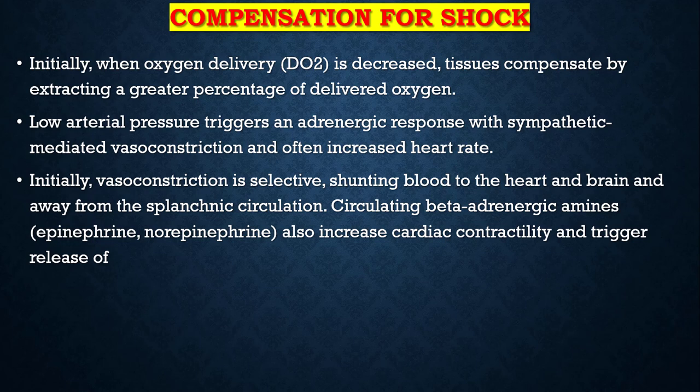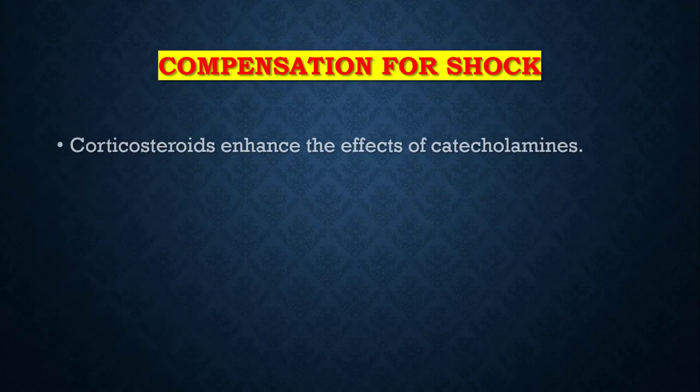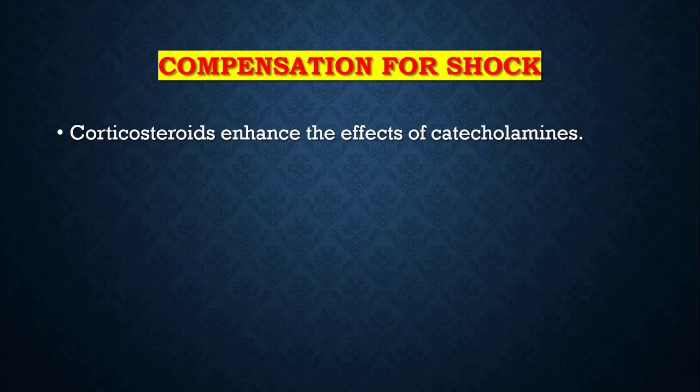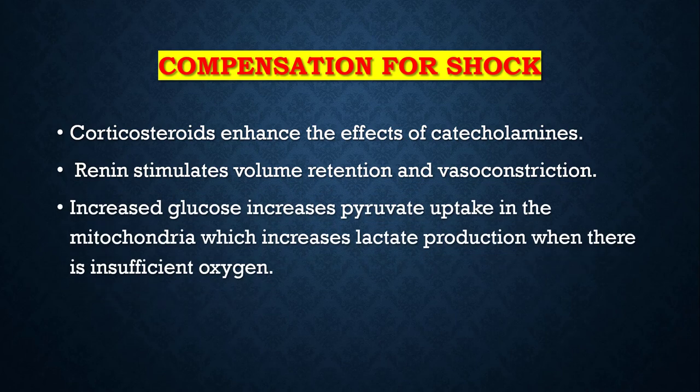Circulating beta adrenergic amines, epinephrine or norepinephrine, also increase cardiac contractility and trigger release of corticosteroid from the adrenal gland, renin from the kidney, and glucose from the liver. Corticosteroids enhance the effect of catecholamines. Renin stimulates volume retention and vasoconstriction. Increased glucose increases pyruvate uptake in the mitochondria, which increases lactate production when there is insufficient oxygen.